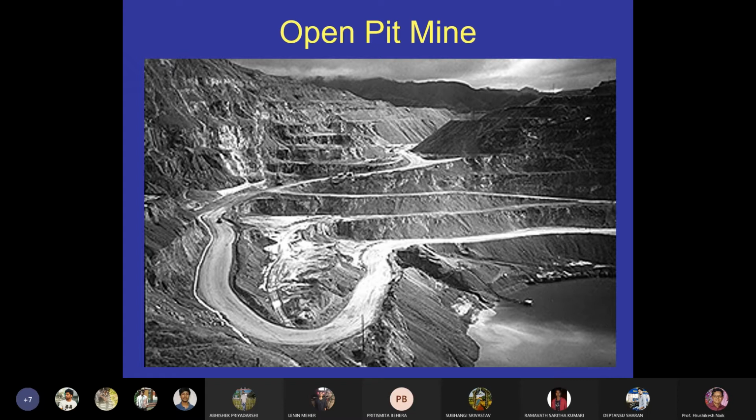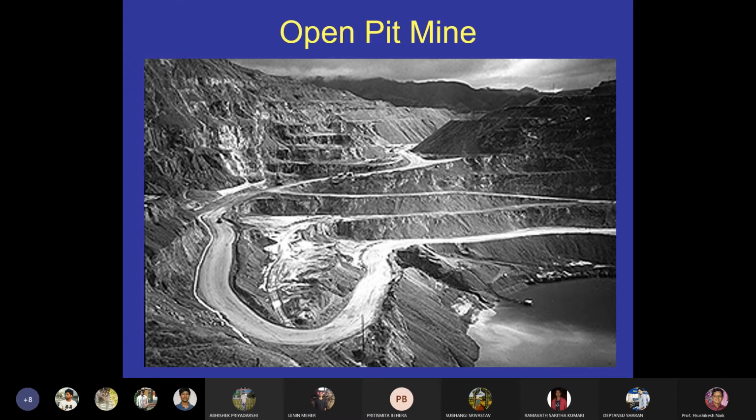In open pit mines, the white portion is the haul road on which the trucks and dumpers move. These are called your haul roads.